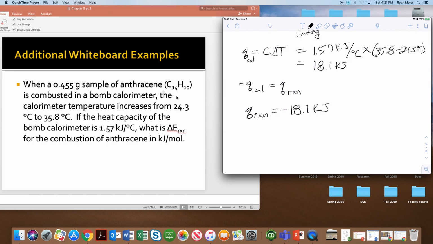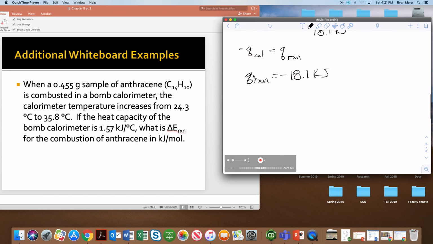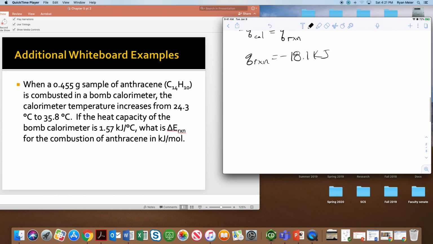Now, if we want delta E, we said a second ago that delta E is Q of our reaction over moles of our limiting reagent. So our delta E is going to be negative 18.1 kilojoules divided by the moles of our limiting reagent.